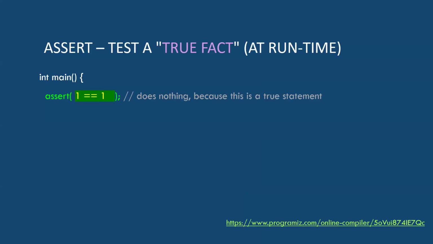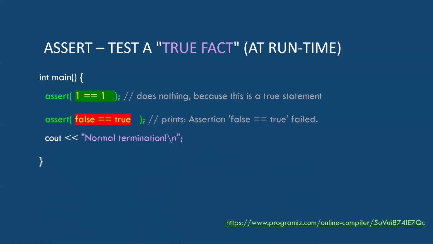So if that ever was not true for some crazy reason, our program would immediately stop right there, because that means something is very, very wrong and we should know about it very early. Similarly, if I assert that false is equivalent to true, and that ever happened, that would halt the program.